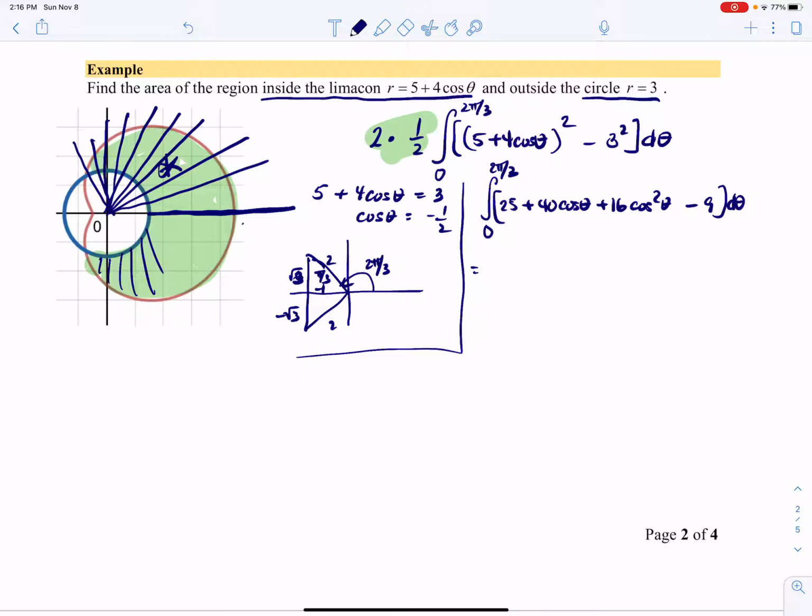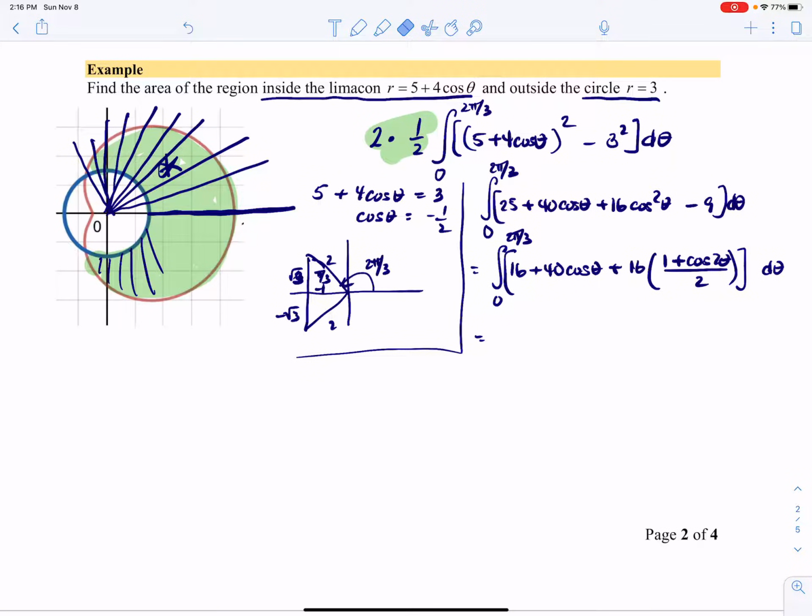Okay, just squaring the binomial and then subtracting 9. So then to pull it all together, 25 minus 9 is 16. And then we have 16 times the substitution for the double angle identity, or power reducing identity, I guess is what it's typically called. It could be called anything, really.